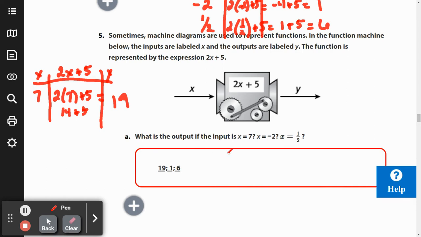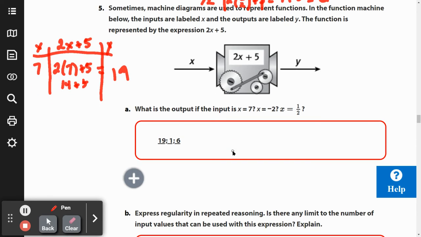B says, is there any limit to the number of input values that can be used with this expression? No. There's no limit, right?